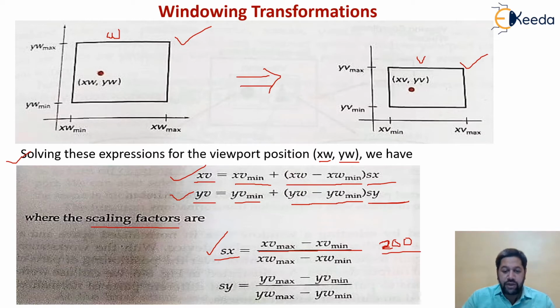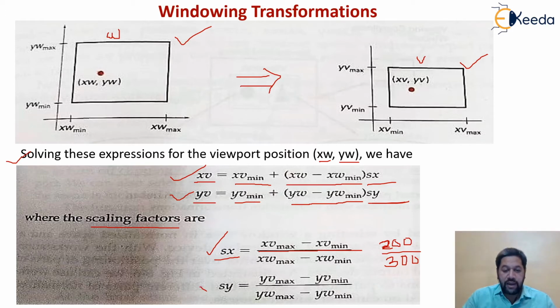Whereas xw maximum is suppose 400 and xw minimum is 100, so the difference is 300. So Sx is equal to 200 divided by 300. I hope all of you understood it. So the Sx value is 2 by 3.